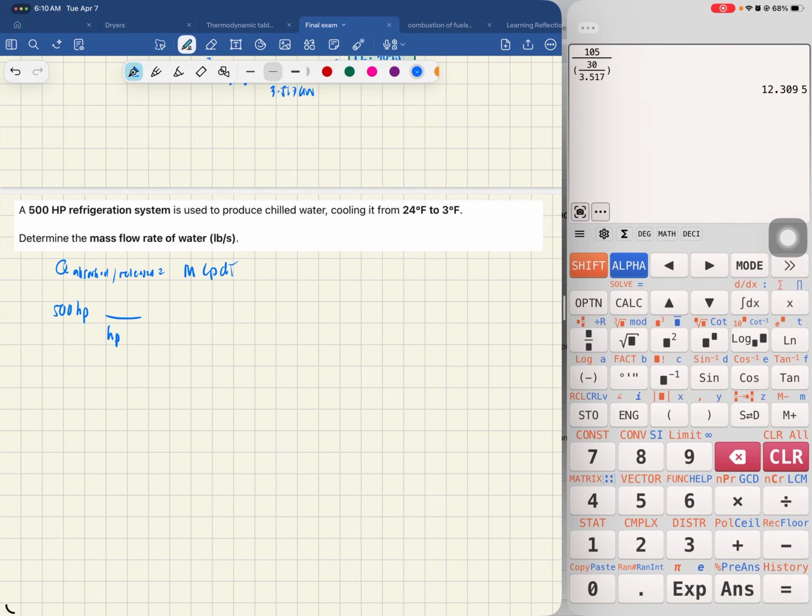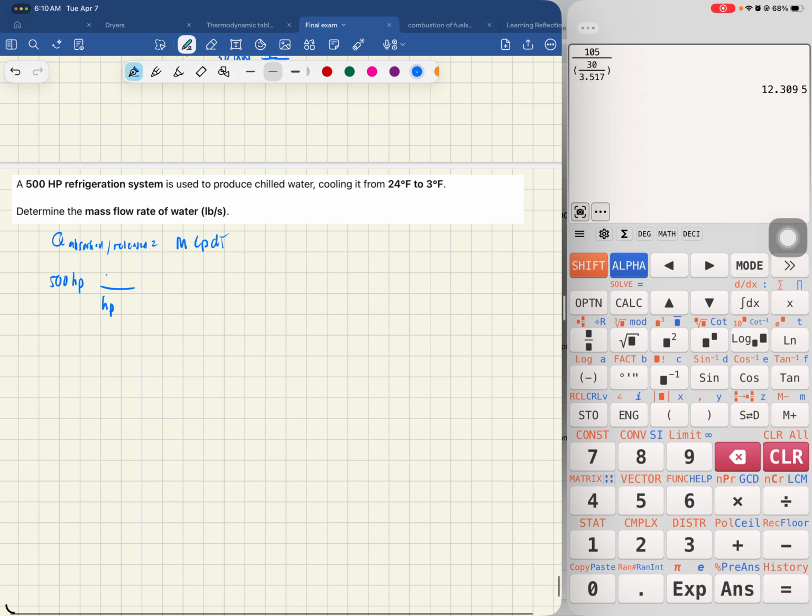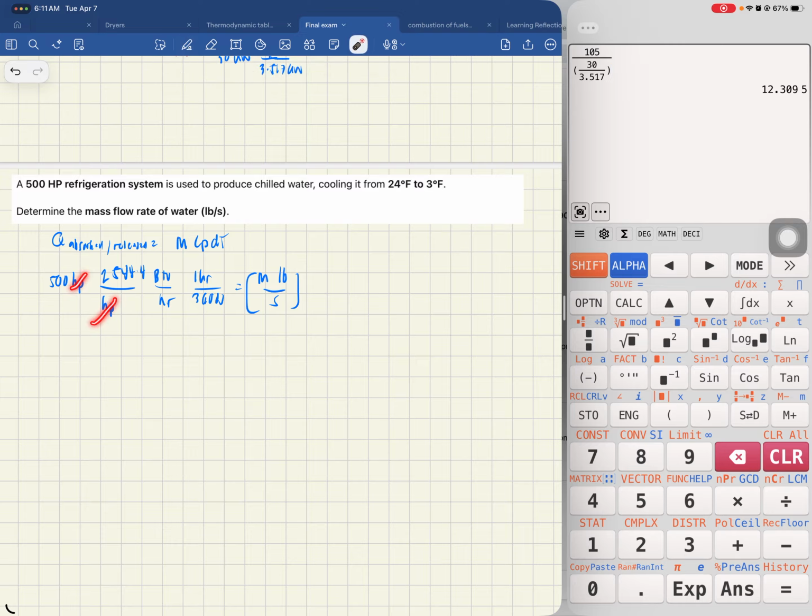Let's use the standard. The standard is 2544.4 BTU per hour, and for every 1 hour you have 3600 seconds. Now the mass here should be in pound mass over second. So HP, BTU, hour and hour, we're left with BTU per second.